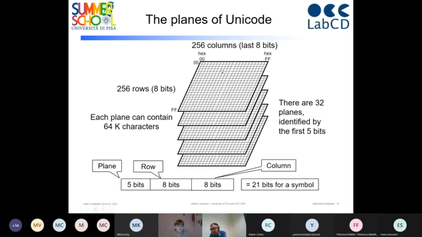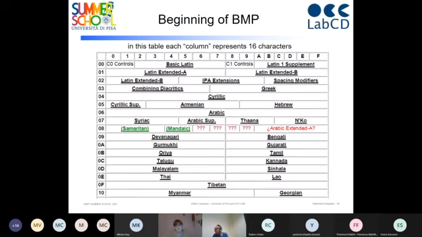And why was this idea done like that? Because that made it very easy to assign the existing codes to the Unicode characters. The basic idea has been that you assign the basic set, meaning the original 7-bit ASCII code, to the first half of the first row of the first plane.